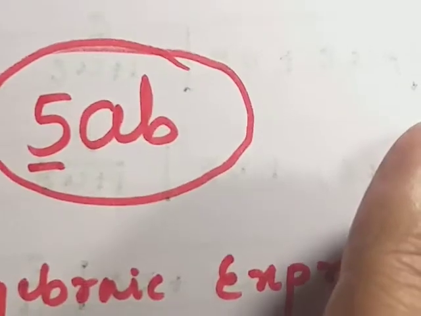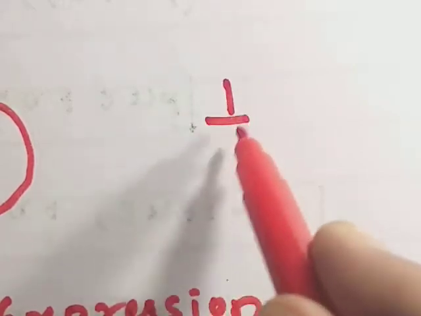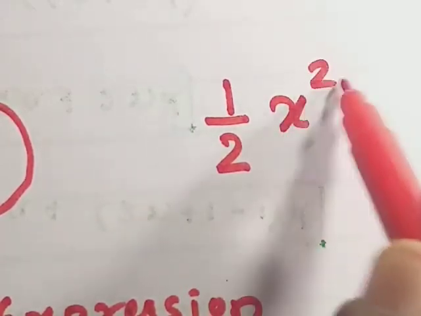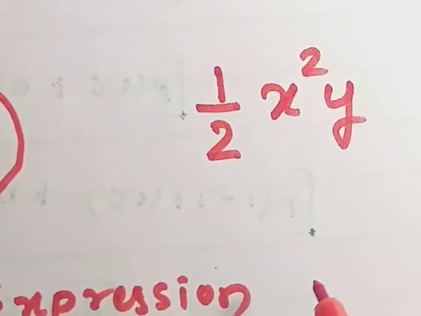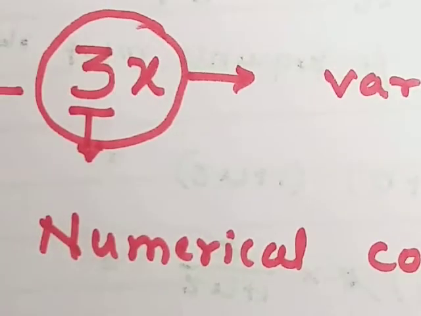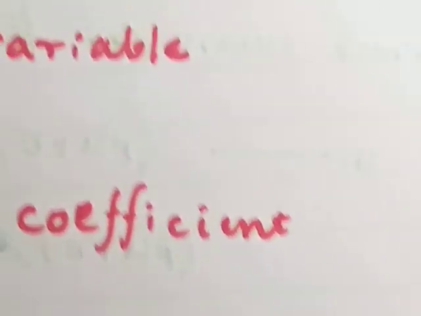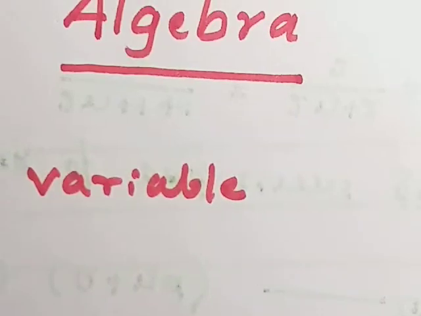So any example when you take, supposing I take an example of half x square y, then half is called as our numerical coefficient and x square y is called as our variable.